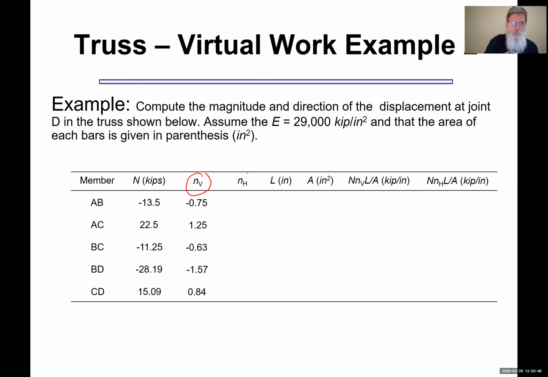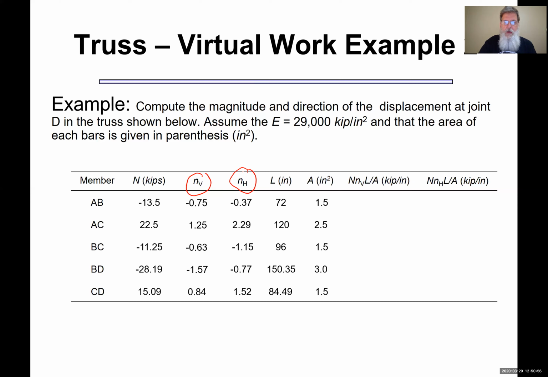And then right next to them, I did the horizontal component. And the length of each element in inches, the cross-sectional area, and then now I'm going to form 2 sums. So you'll notice the first sum, real virtual length over area, that's going to just compute the part for the virtual load, and then a second sum for the horizontal load. So I'm really doing 2 calculations in one table.